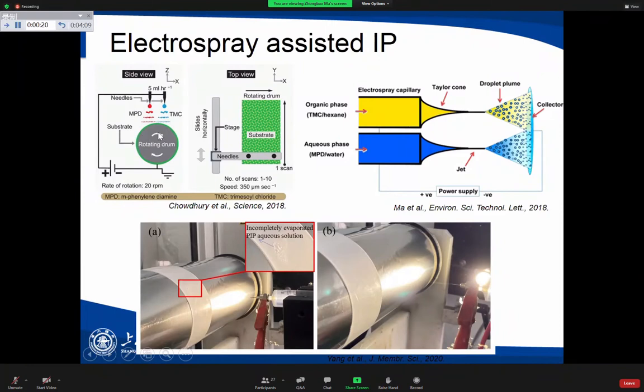The polymerization takes place at the organic water microdroplets interface to form the PA layer. Previous study has shown that the aqueous solution phase cannot be completely evaporated, so the side reaction will also happen.